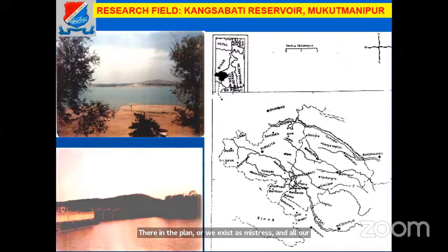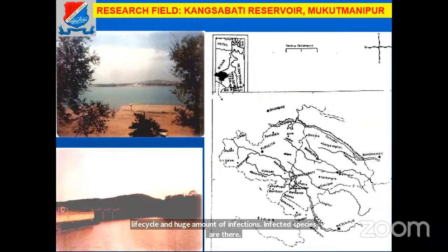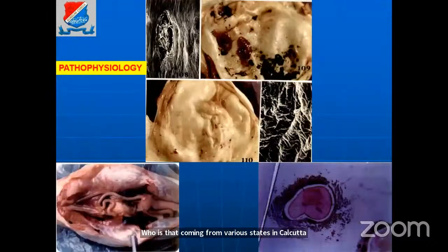So they complete their life cycle, and a huge number of infected fishes are there. So we collected the parasites from there, and also from the local fish market, which are coming from various states in Calcutta.